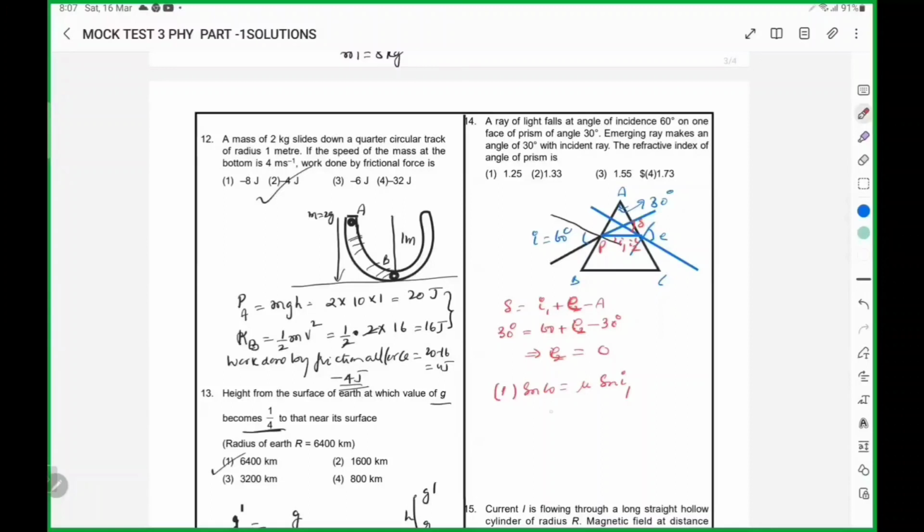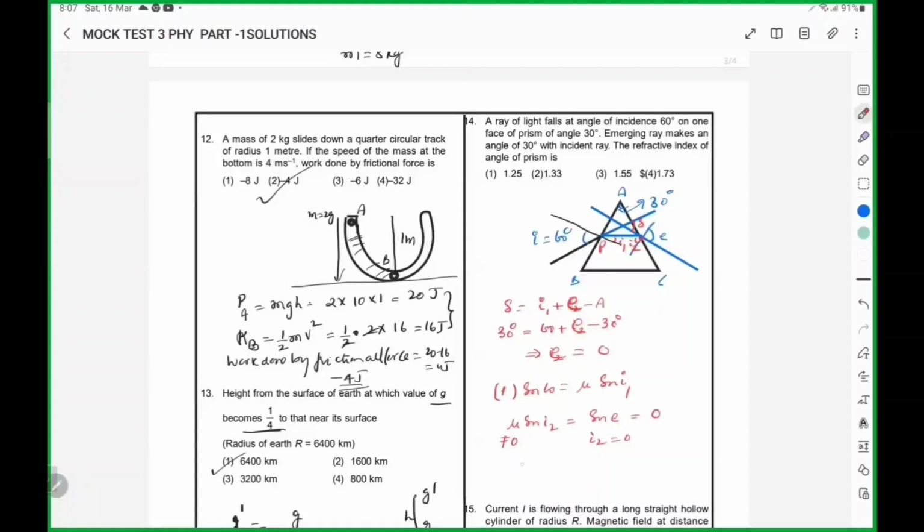Again, when it leaves the glass medium to the air medium, mu into sine I2 is equal to sine E. Since E is 0 and mu can't be 0, I2 will be 0.